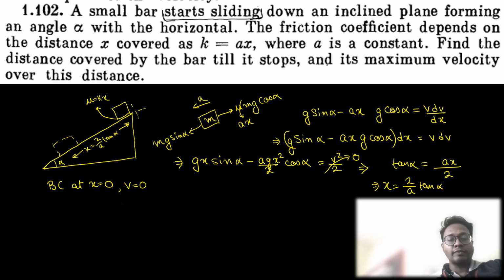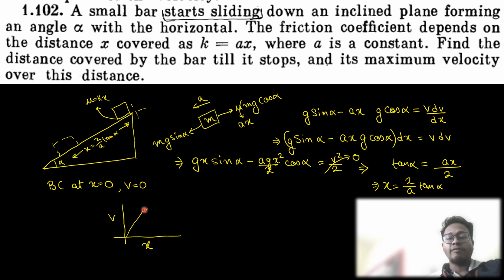If I draw a v versus x graph, I don't know how the graph looks, but just apply common sense. It starts from 0 velocity and it is increasing. Why does velocity increase? Due to force. So mg sin alpha is dominant here.